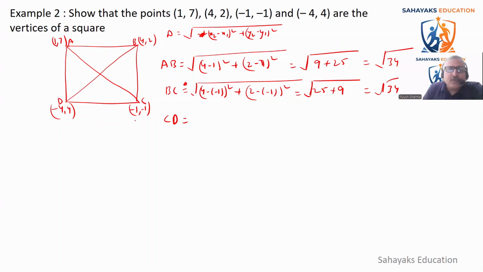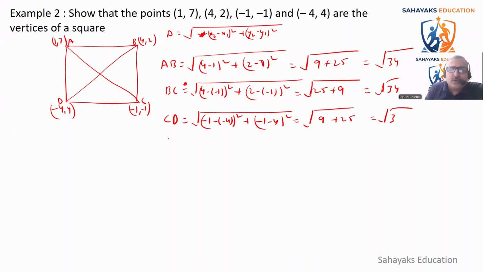I'll again use the same formula: minus 1 minus minus 4 whole square plus minus 1 minus 4 whole square. Minus 1 plus 4 is 3, so 3 square is 9, plus minus 1 minus 4 is minus 5, minus 5 square is 25. It is again square root of 34.